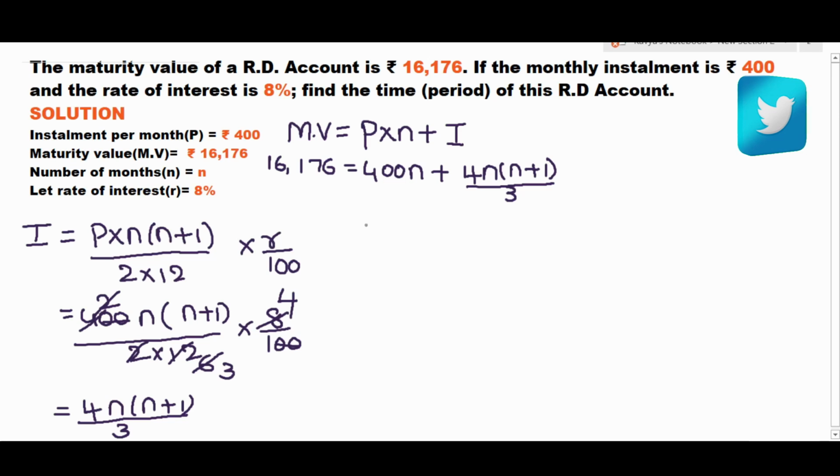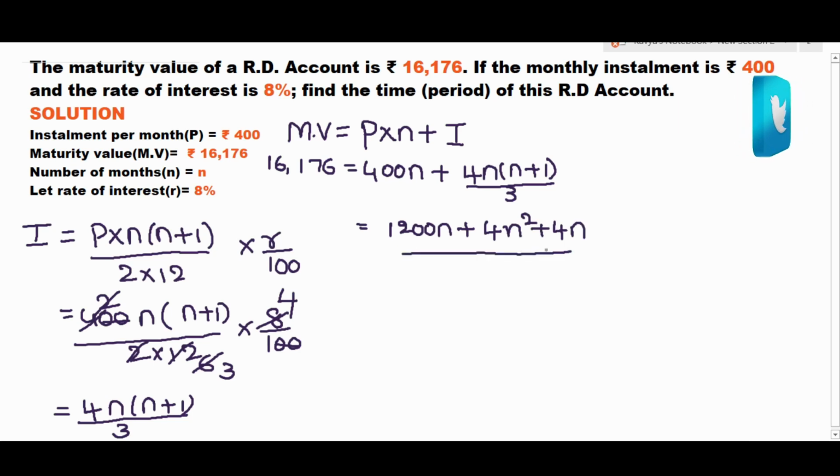We get 1200n plus 4n square plus 4n divided by 3, equal to the maturity value 16,176.